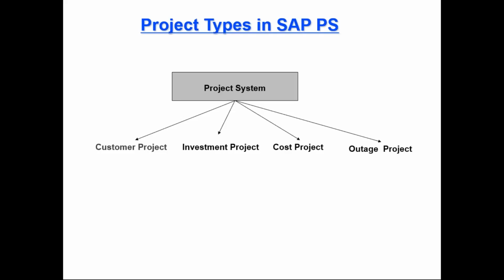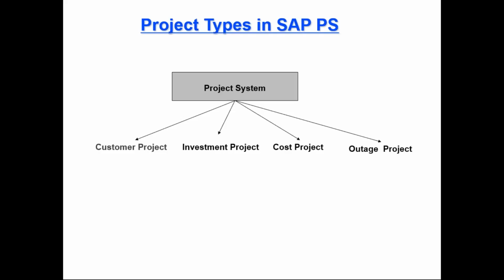And whatever amount we are putting, we don't know whether it will become an investment, or give us any ROI, or whether we will get any customer to sell the product or services. So in that case, we need to consider this project as a cost project.